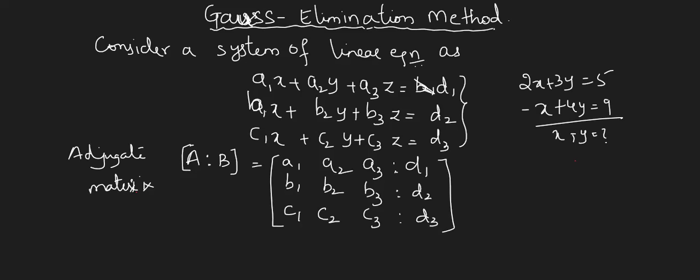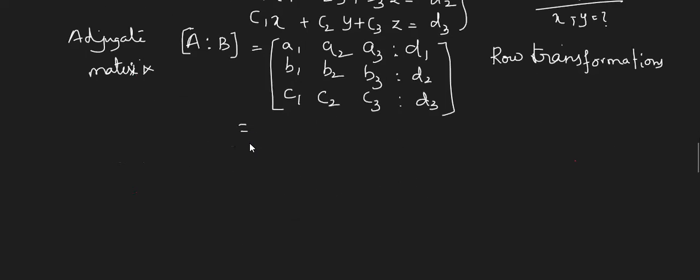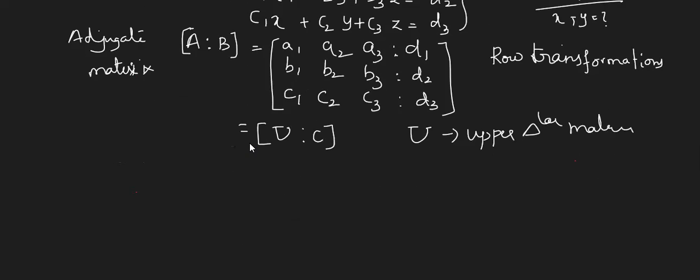Then you have to apply row transformations, that is, row operations. After applying them, you ultimately have to end up with a matrix of the form [U|C], where U is an upper triangular matrix.